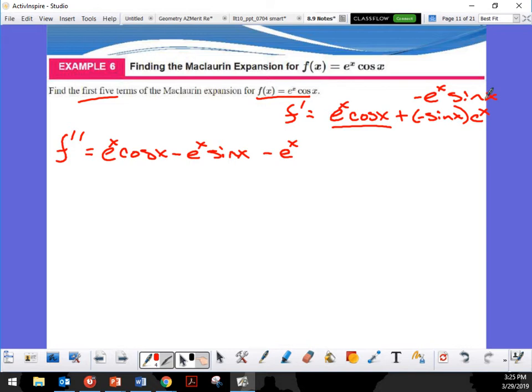So I get that, and then it's going to be sine x, right? And then it's going to be plus sine, right? And then it becomes minus, right? Minus because of that, and then derivative of sine, cosine. So I have minus and a cosine. So e to the x, and then cosine x.